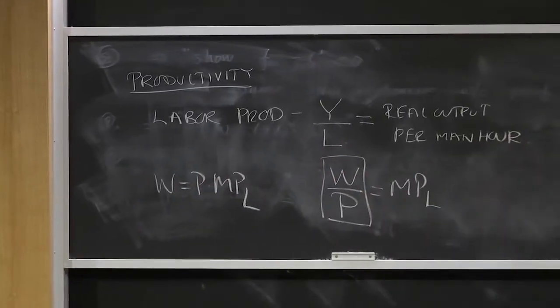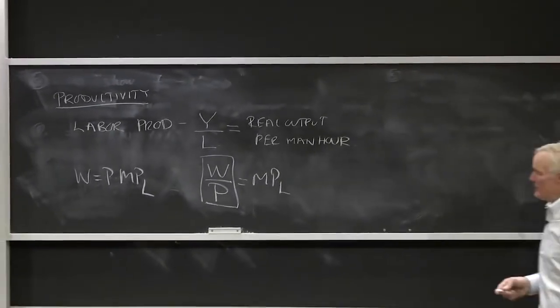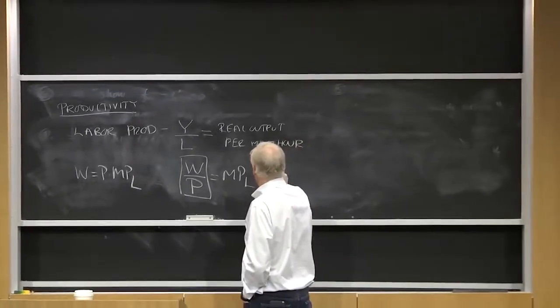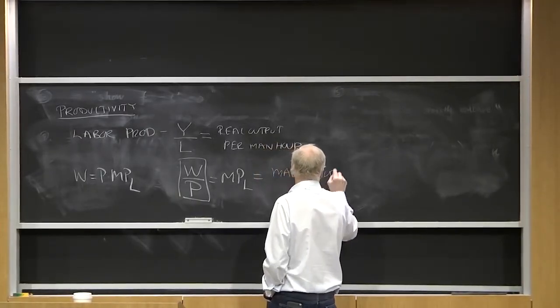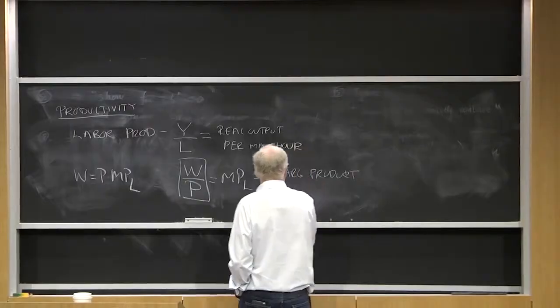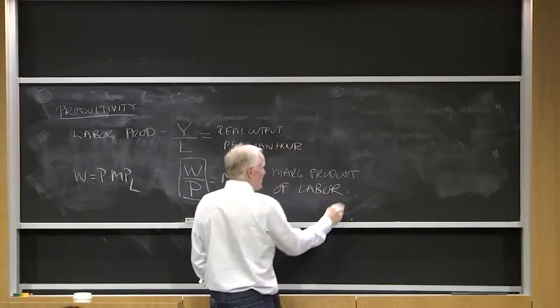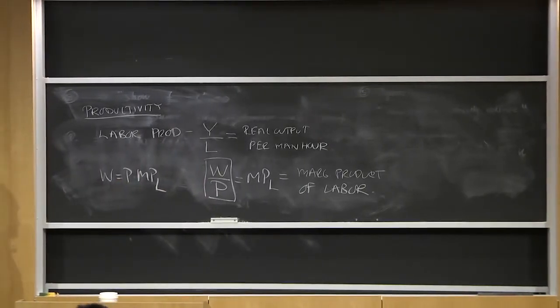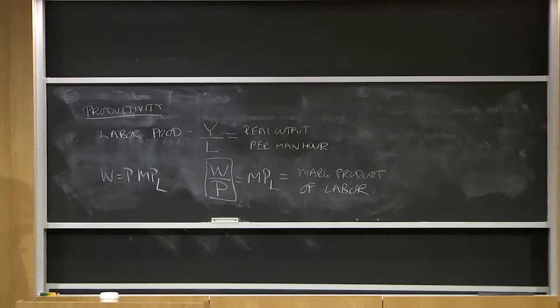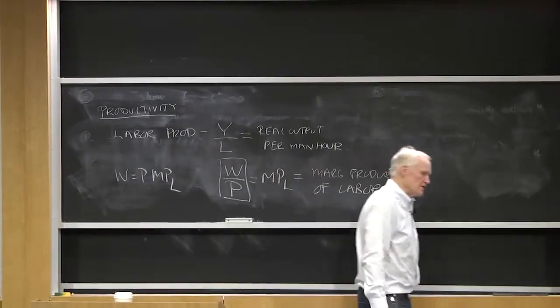So that would be an alternative way to think about measuring productivity. So we have two ways in which we can think about measuring growth in labor productivity over time. We can either measure increase in output per man hour, or we can measure increases in the real wage.